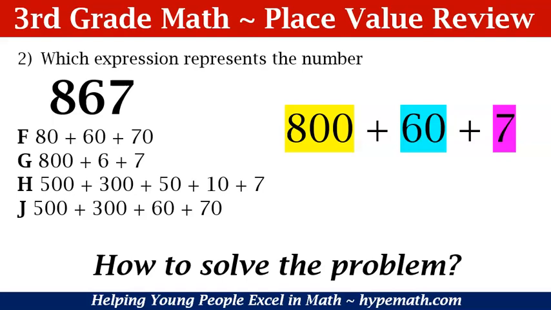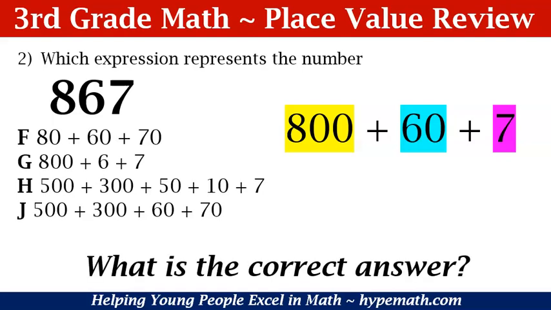Well, let's look at J. 500 plus 300, we know that's 800, but then 60 plus 70 is 130. We've gone over all of the answer choices, so can you tell me what the correct answer is?